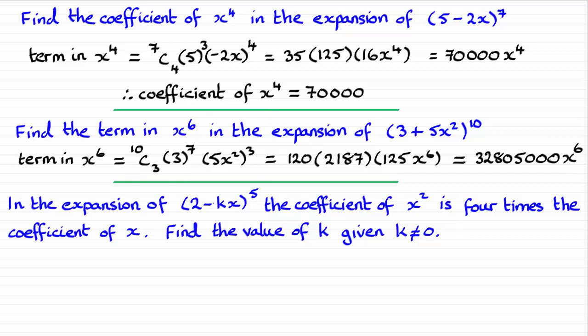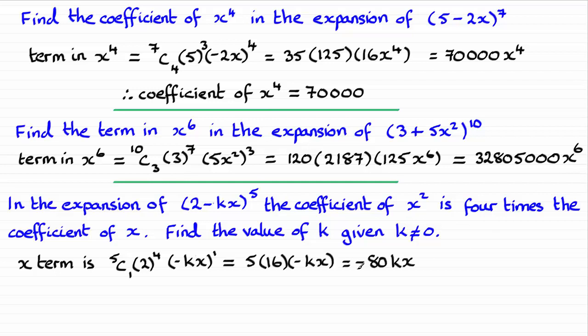So when we look at that term in x, it's going to be the minus kx all to the power 1 that we have up here. It's got to be 5C1, where the 1's agree here, and that leaves us with the 2 raised to the power 4, so that the 4 and the 1 add up to the 5. And working this one out, you should find that you end up with minus 80kx.